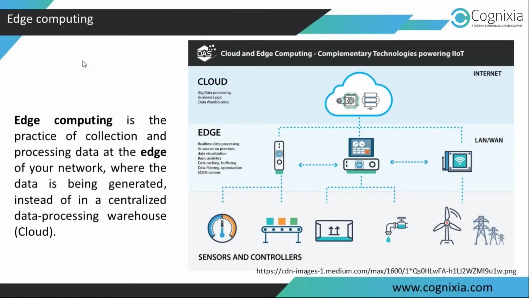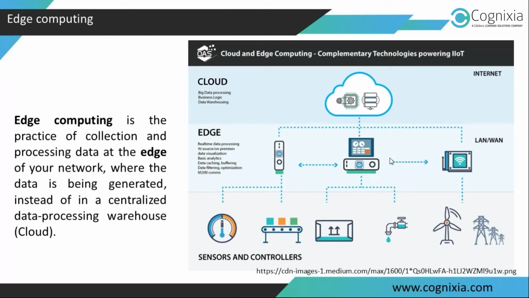Edge computing is a new framework. Edge computing means computing at the edge of your network. I already talked about the gateway. A gateway is a computer. It comes with those kinds of features which would offer you all the services that I talked about. But edge is not just a gateway.